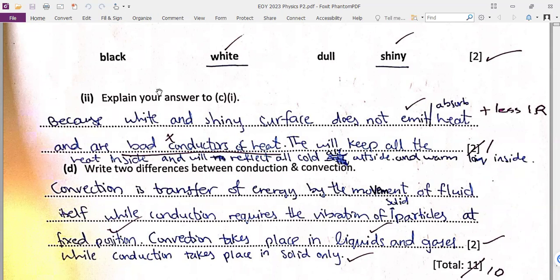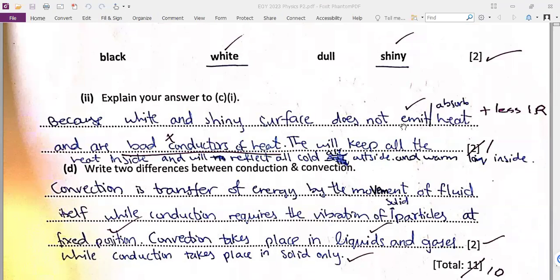So the actual answer should have included that because of the white and shiny surface, the heat will remain inside. One point has been written as: white does not emit.